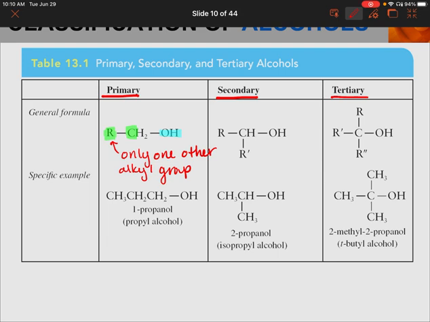Now, if your OH group is bonded to a carbon that's then bonded to two other alkyl groups, that's called a secondary alcohol.